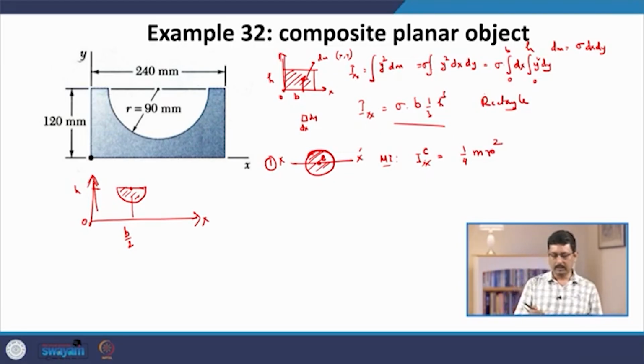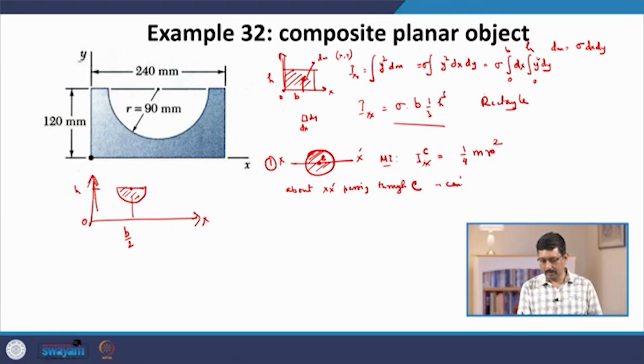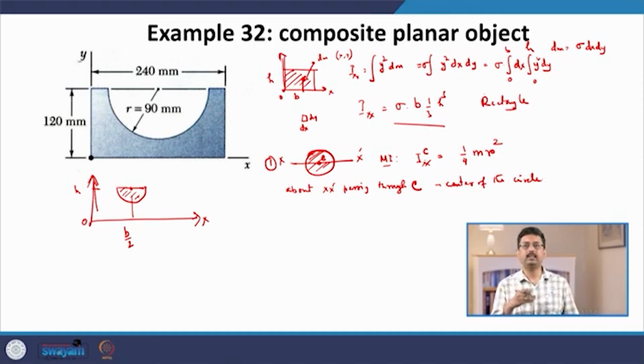This is about the x prime axis passing through C, which is the center of the circle. If we have a full circle, the center of the circle is the center of mass by symmetry.